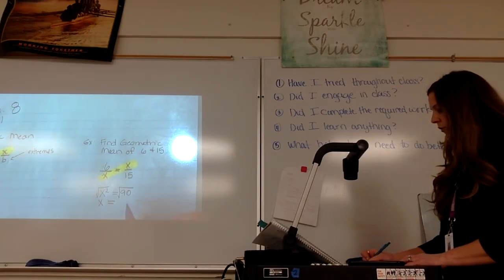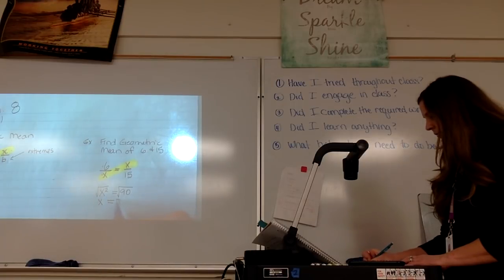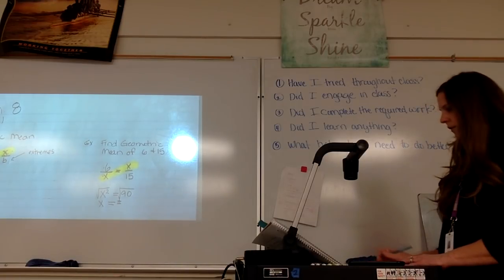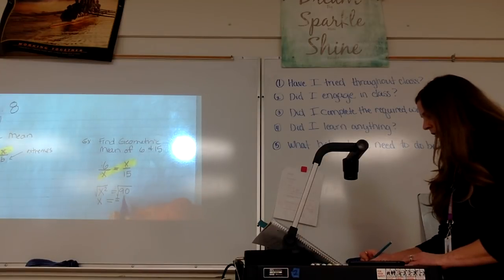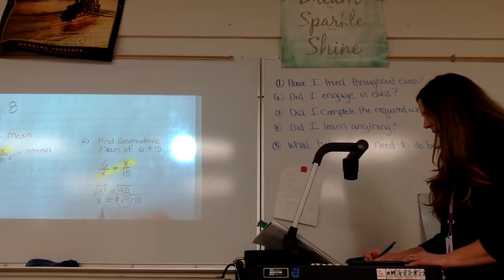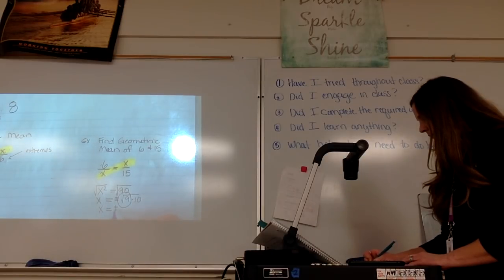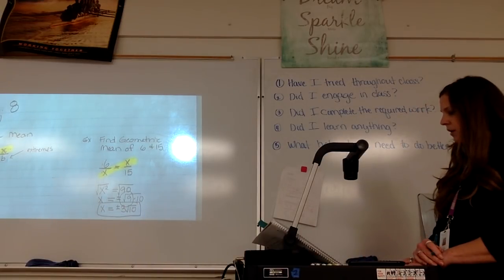So if I wanted to reduce the square root of 90, I'm going to go ahead and, first of all, put plus or minus, because there will be 2 answers. And then I want to go ahead and do square root of 9 times 10. Square root of 9 is 3. So 3 square roots of 10 is my geometric mean.